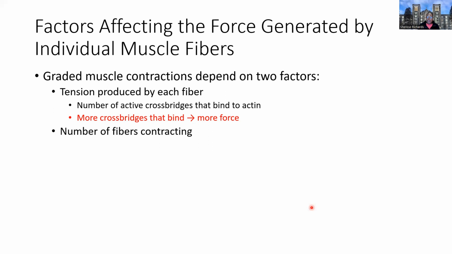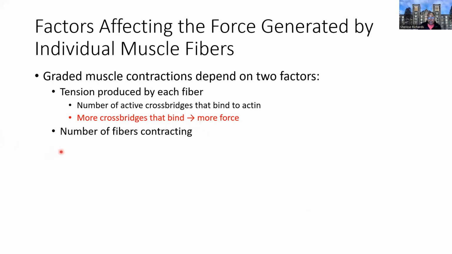Also, the amount of calcium, that's not listed here, but the amount of calcium is another indicator of how much tension or force a muscle fiber is producing, because that is going to translate to more cross-bridge cycles, and that is going to equal more force.